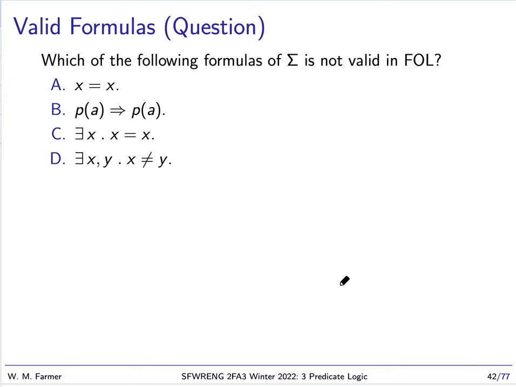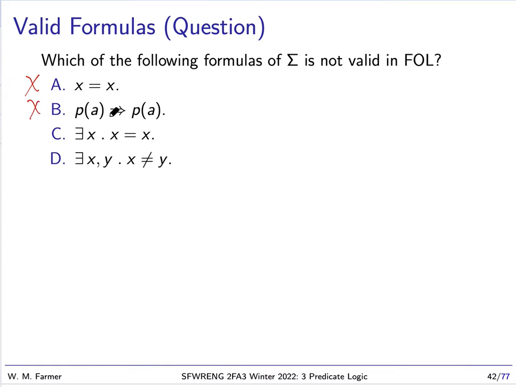The value that's assigned to the formula will be true in every situation and for every model. That means every model and every variable assignment. Okay, so which is not valid? Well, we know that this is valid. I just mentioned that.